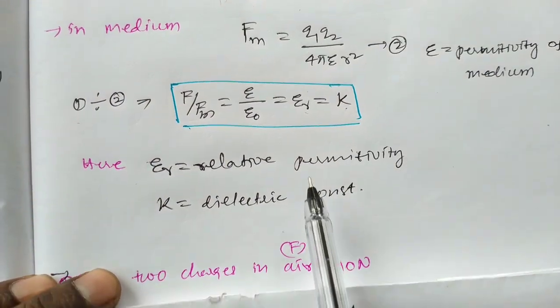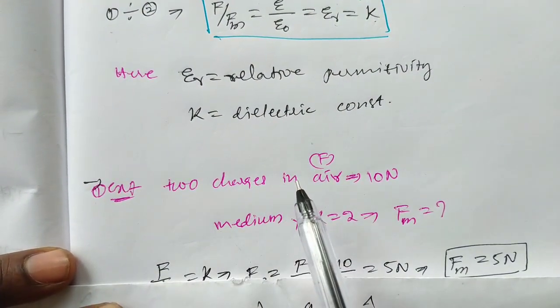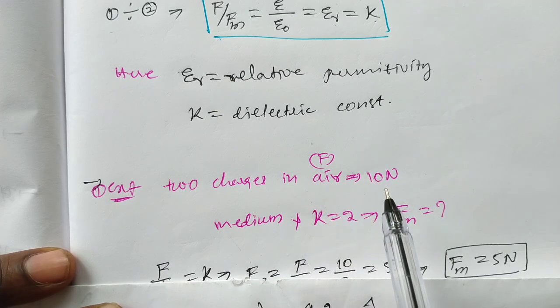Now we can explain some problems. Suppose two charges in air have a force of 10 newtons.